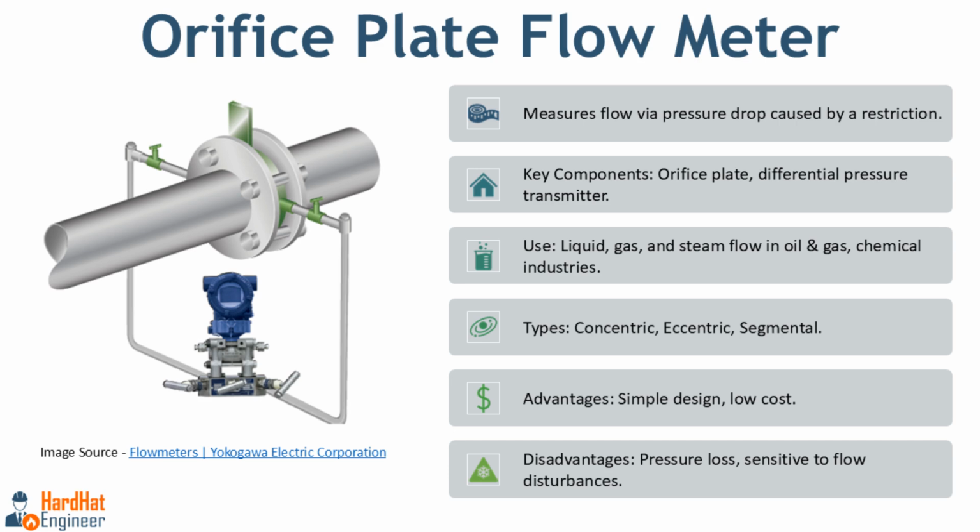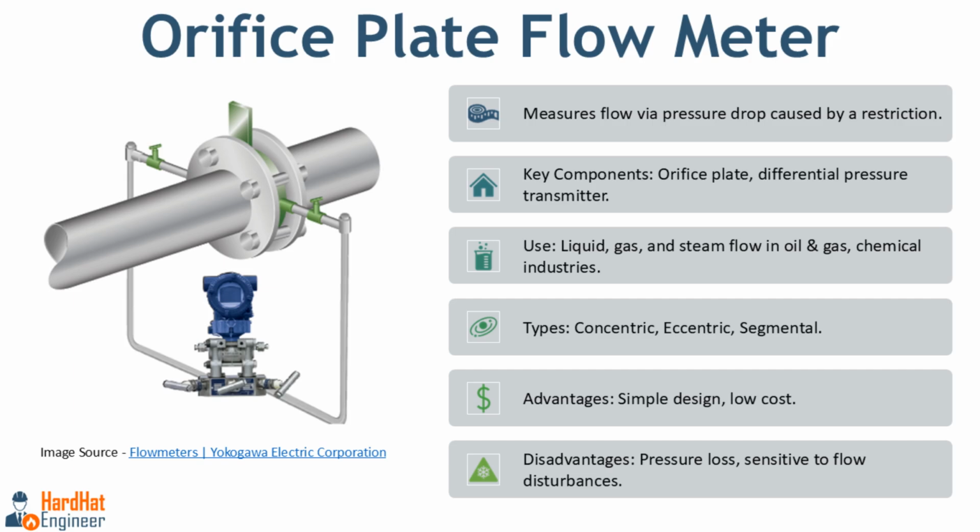and this is measured to determine the flow rate. The main components of this system are the orifice plate itself and a differential pressure transmitter, which measures the pressure drop. Orifice plate flow meters are commonly used in industries like oil and gas and chemical processing. There are different types of orifice plates, such as concentric with a hole in the center, eccentric with a hole near the edge, and segmental with part of the plate cut out.